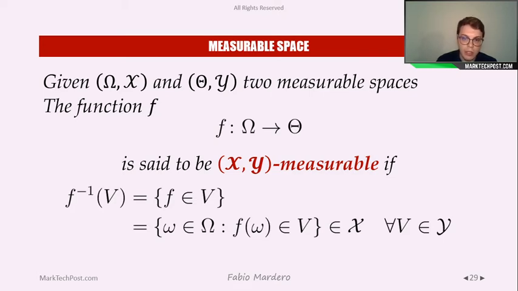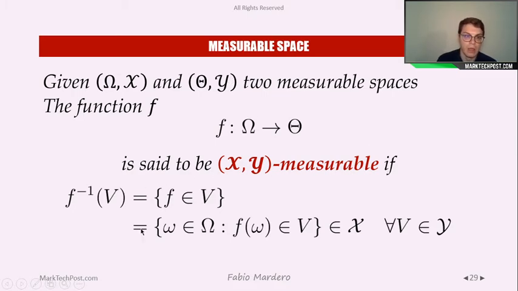And since on omega we have defined X as a sigma algebra, and on theta we have defined Y as a sigma algebra, this function is said to be XY measurable. So it is a function that can be measured thanks to these two sigma algebras.